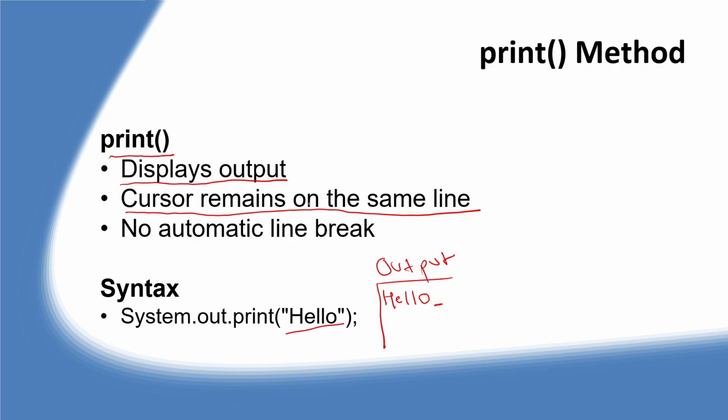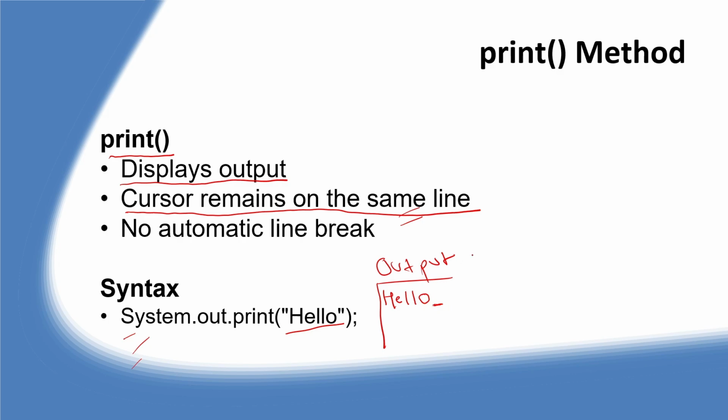The cursor remains on the same line. No automatic line break. That means the cursor will stay here, and if we are doing something in the remaining lines of code, it will start from here.